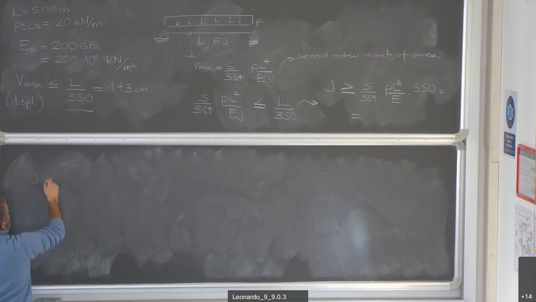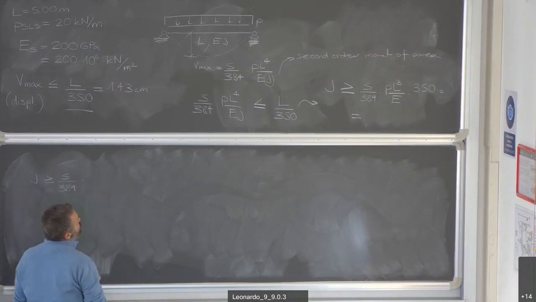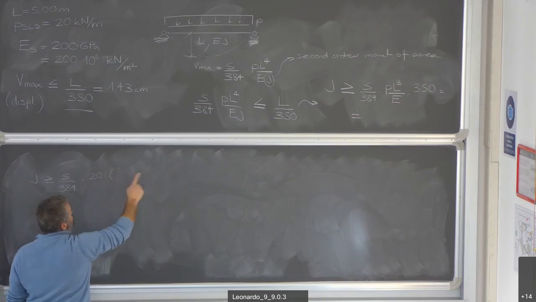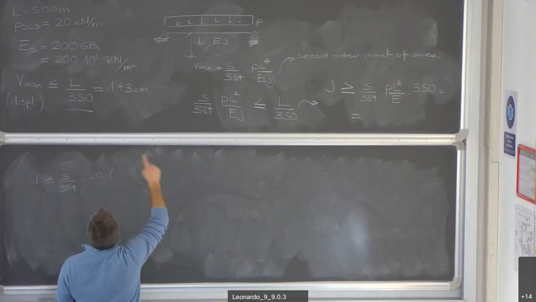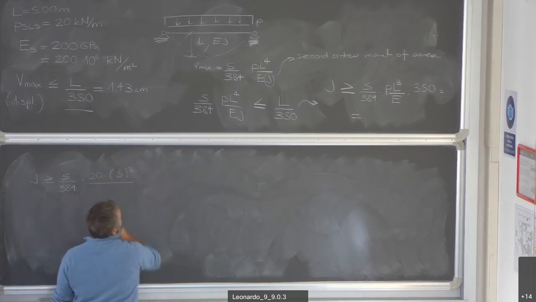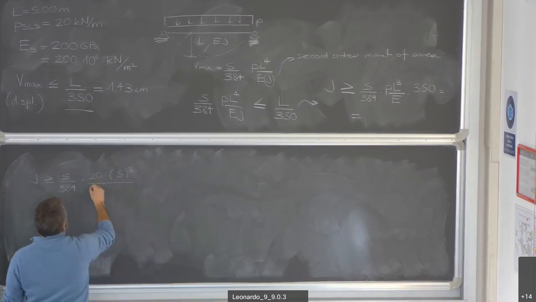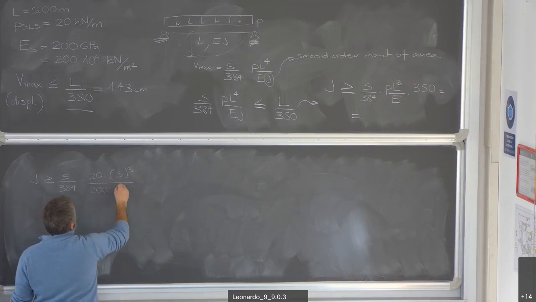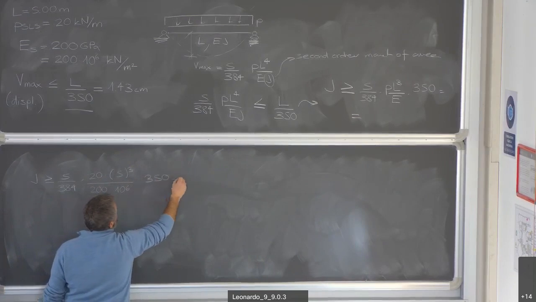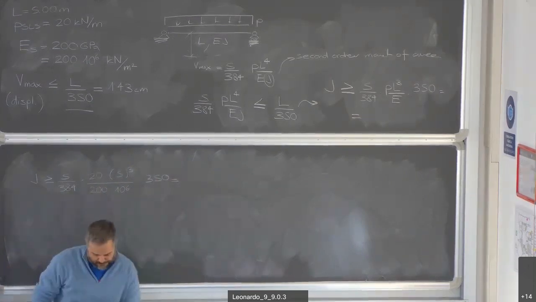J should be larger than 5 divided by 384 times 20 times L to the power of 3, which is 5 to the power of 3, divided by E, 200 times 10 to the power of 6, multiplied by 350. This is equal to what?